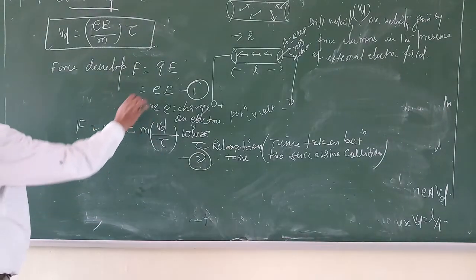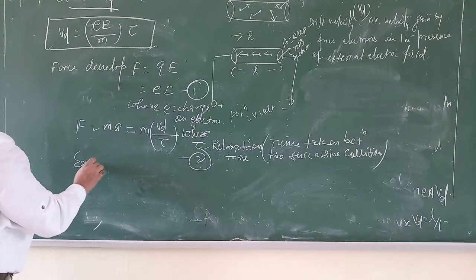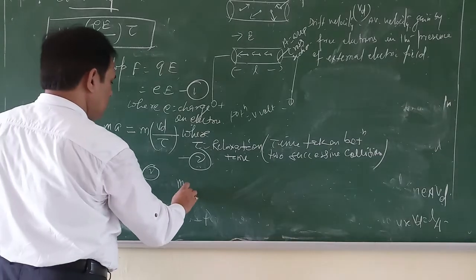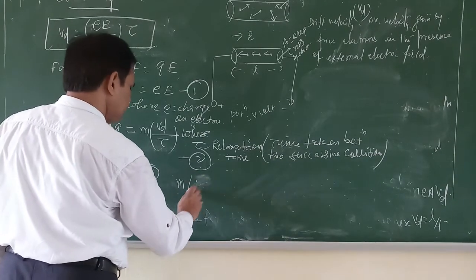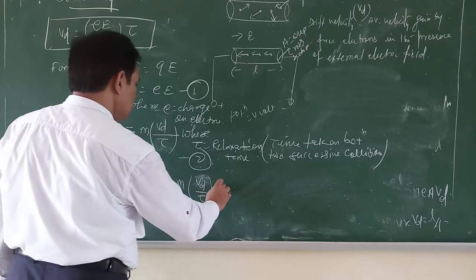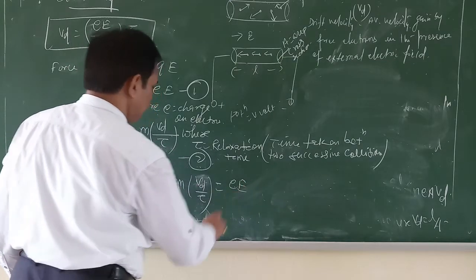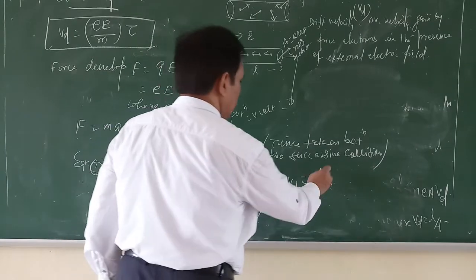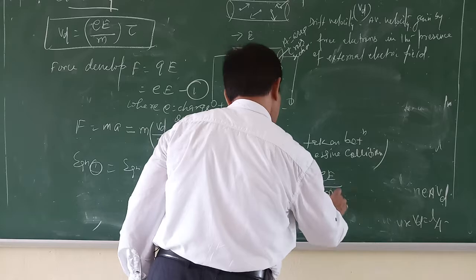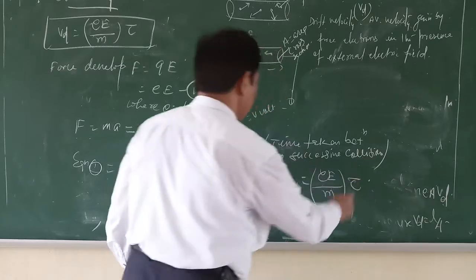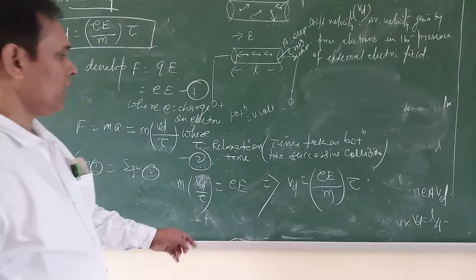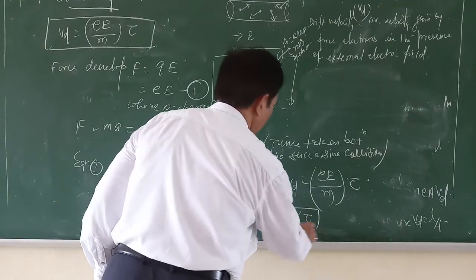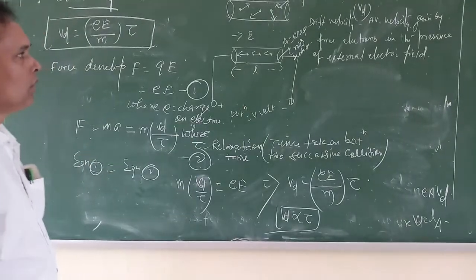Equating 1 and 2 in equilibrium, m Vd by tau is equal to eE. Therefore Vd equal to eE by m into tau. So drift velocity is directly proportional to relaxation time, provided all the other factors remain constant.